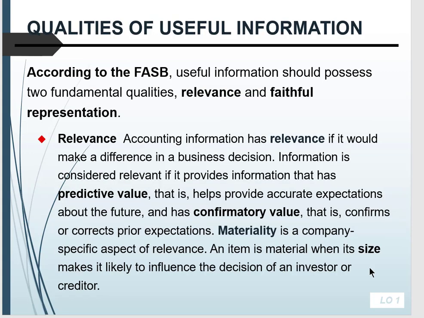So according to FASB, what kind of qualities are we interested in? The first thing they talk about is relevance. It has to be relevant. It has to be able to make a difference.